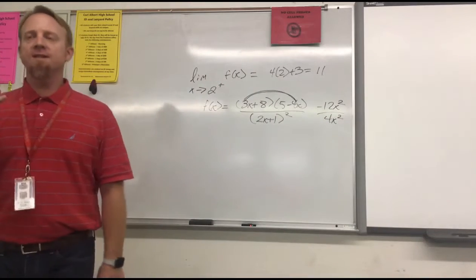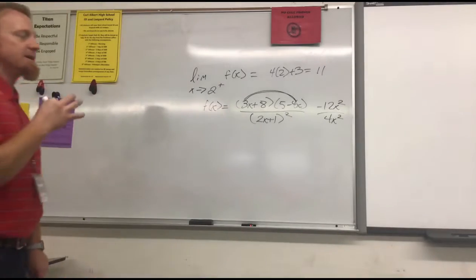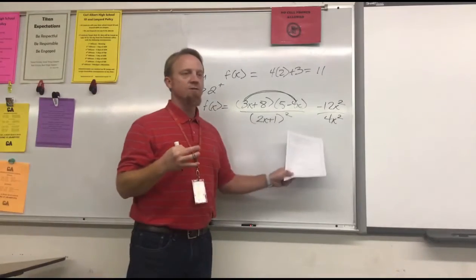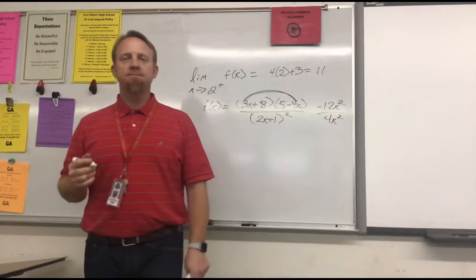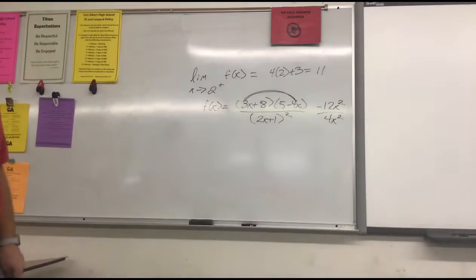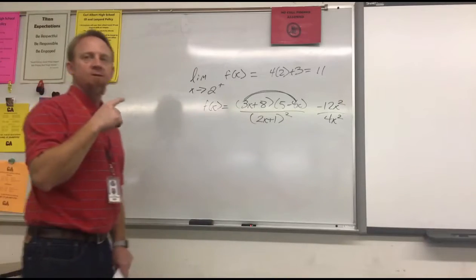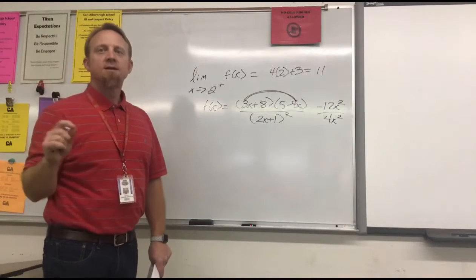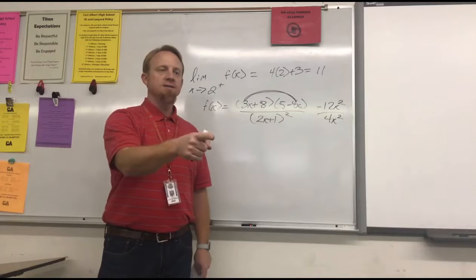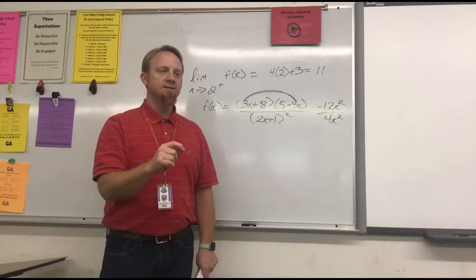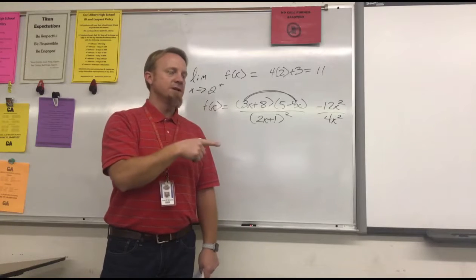Now, there's 3 different things that can happen right here. Raise your hand if you can tell me the 3 scenarios of what I'm going to see right here. John Ryan? So the top exponent can be larger than the bottom, the bottom can be larger than the top, and the exponents can be the same. All right, so if the top's bigger, what's going on? Does not exist, and then you need to decide if it's going to positive or negative infinity.